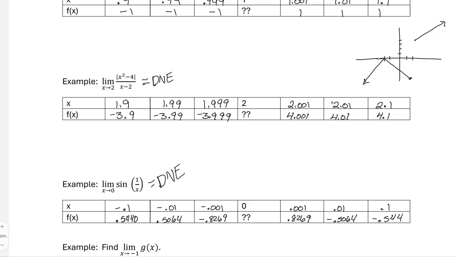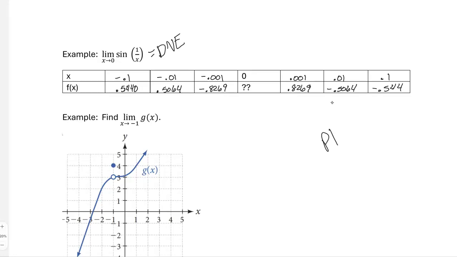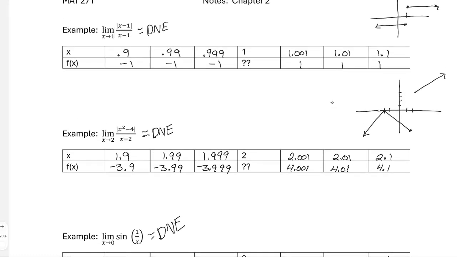So we're learning some places where the limit doesn't exist. One of those is if we have a gap, like up here with the absolute value problems, we had a big gap happening.